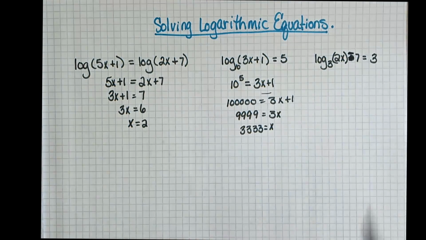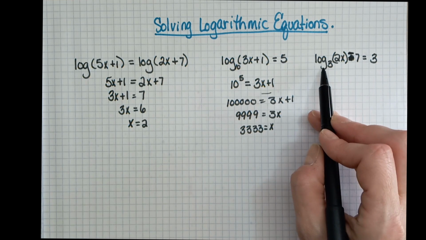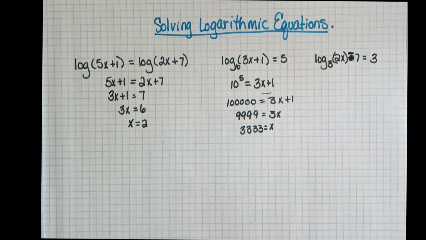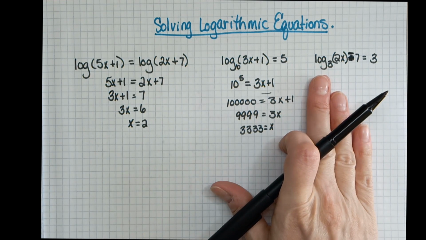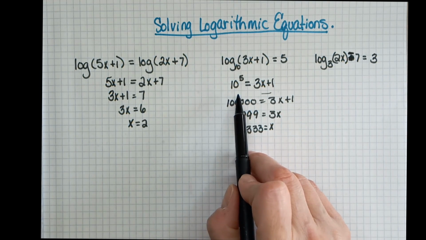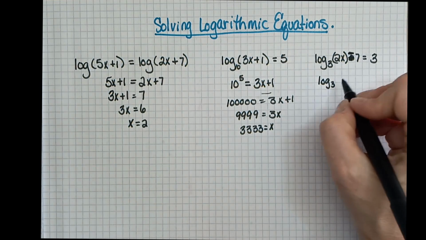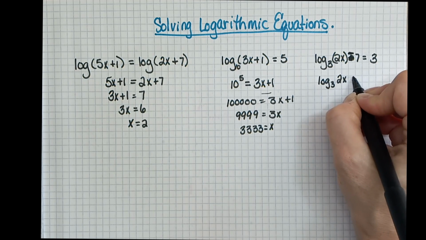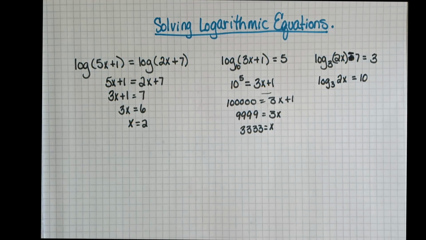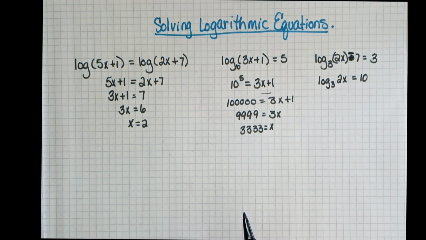Let's make that a minus. Log base 3 of 2x minus 7. That minus 7 is not part of the log, so I'm going to make it go away from the left side. Otherwise, I can't change it into an exponential function. So I'm going to add it to both sides. And I get log base 3 of 2x equals 10.